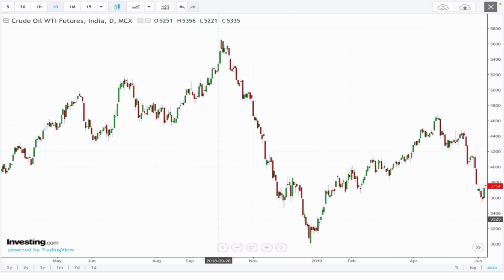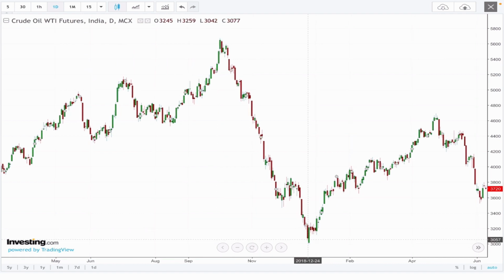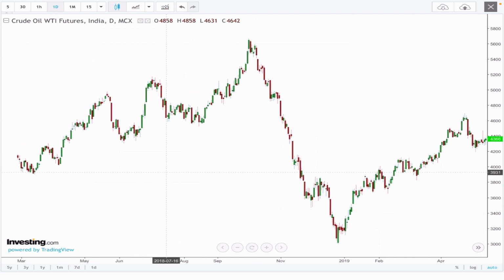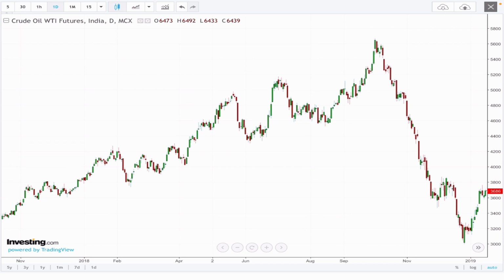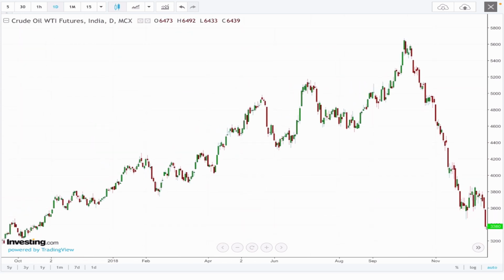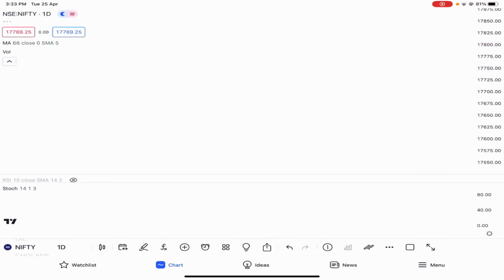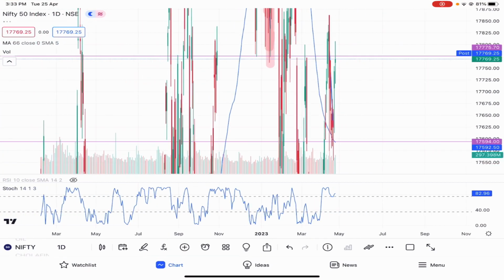Here again, from 2018 9/28 to 2018 12/24, we have a clear downtrend over here. We can look at this, and here again we have a beautiful uptrend. So now that is how we are going to determine our trends. Okay.